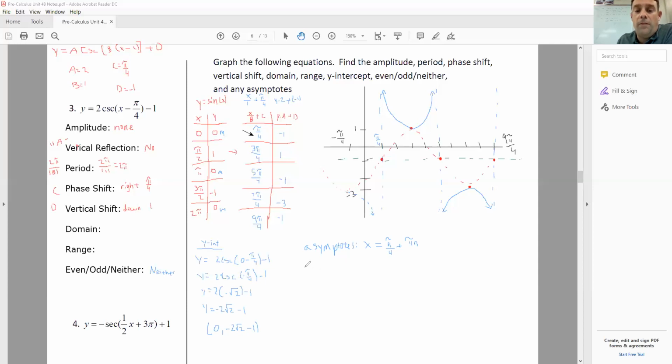From there, I have my relative minimum and my relative maximum. So my relative max, that's going to be located at the top of the hill. So where's that relative max at? Well, that's going to be right here. Compared to everything else, that's the top of my hill.